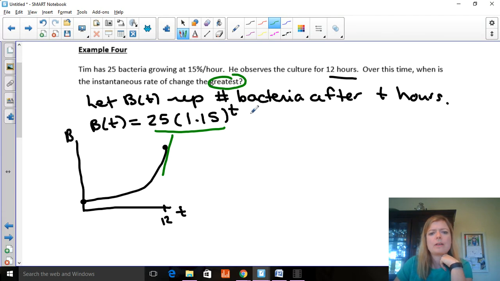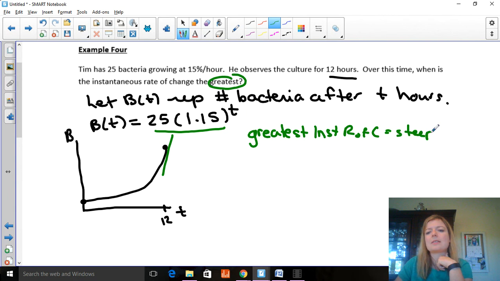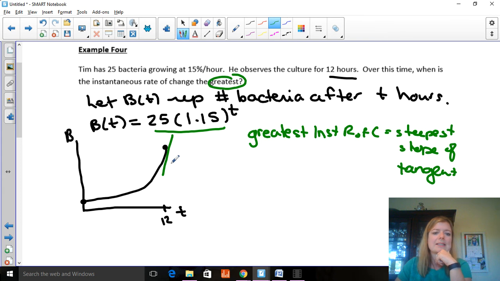You need to show your understanding that greatest instantaneous rate of change is equal to the steepest slope of tangent. You need to tell me that somehow in your sentence. That's what I'd be looking for, this connection of this graphical understanding. Having a sketch here, maybe making it a little bit more accurate would be nice.